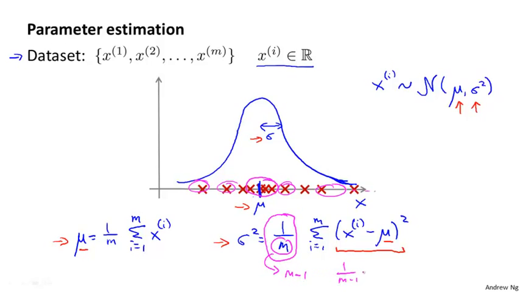So just in case you've seen this other version before, either version works just about equally well, but in machine learning most people tend to use 1 over m in this formula. The two versions have slightly different theoretical and mathematical properties, but in practice it really makes very little difference, if any.